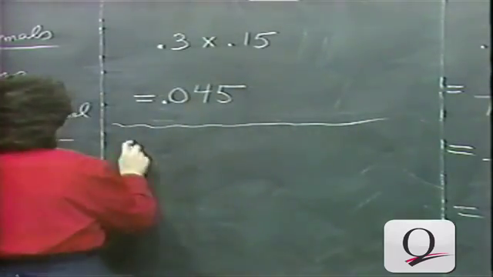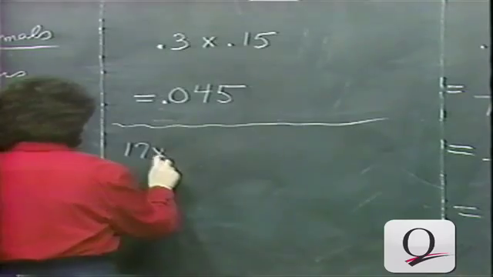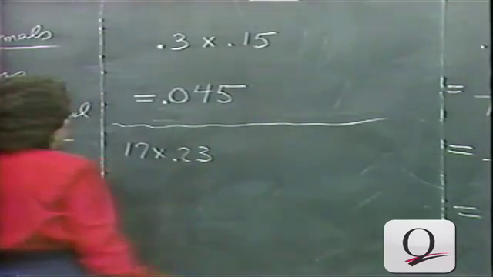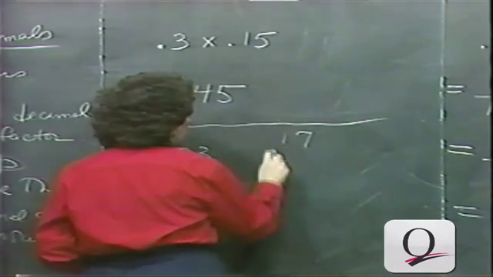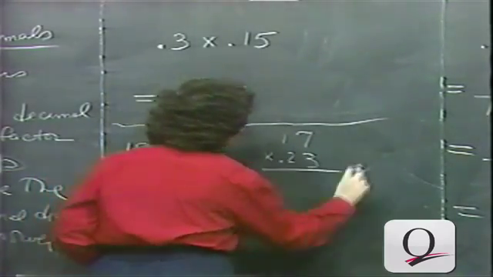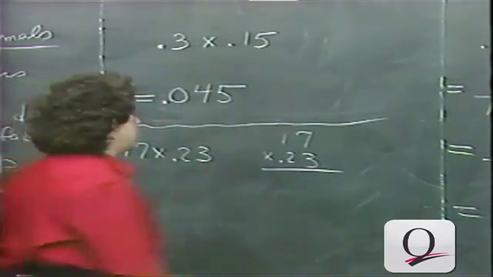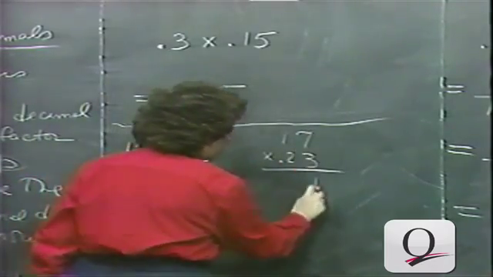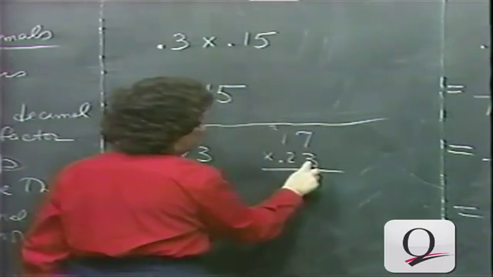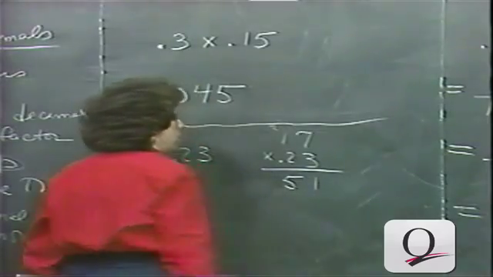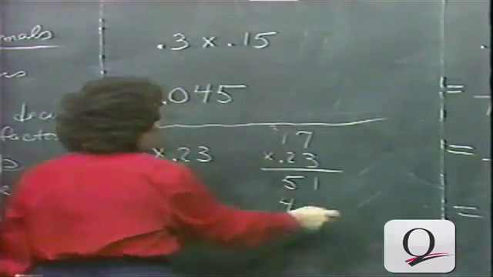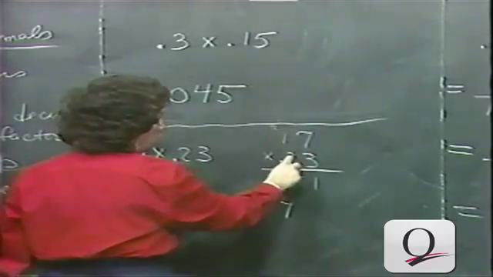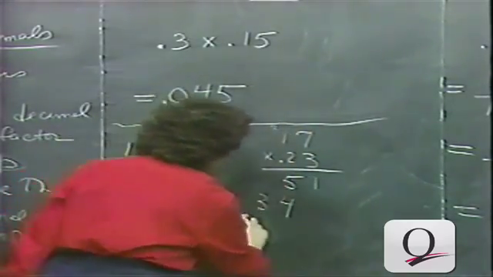Okay, let's say it was 17 times 0.23, or times 23 hundredths. You simply multiply as if they were integers. 3 times 7, 21. 1 times 3 and 2, 5, so it's 51 there. 2 times 7, 14. 1 times 2, 2 and 1, 3.